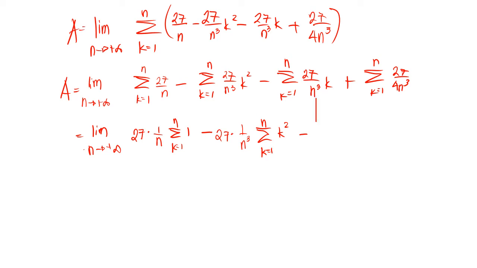Pero okay, let's just stick to that. 27 all over n cubed, summation ng k from k equals 1 to n. Plus, so 27 all over 4, 1 all over n cubed, summation ng 1 from k equals 1 to n.